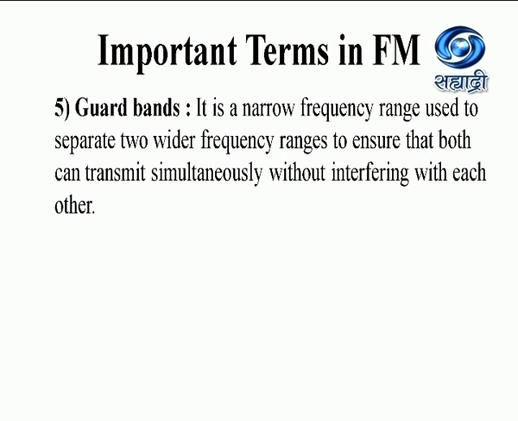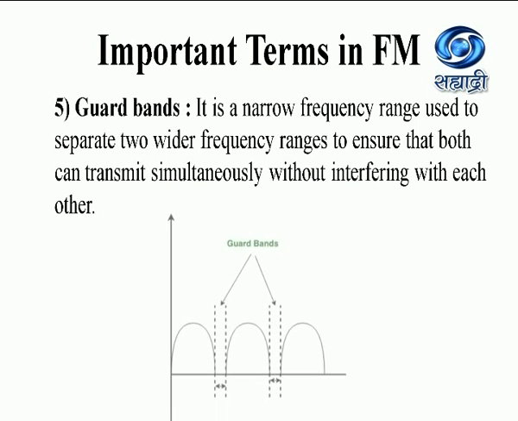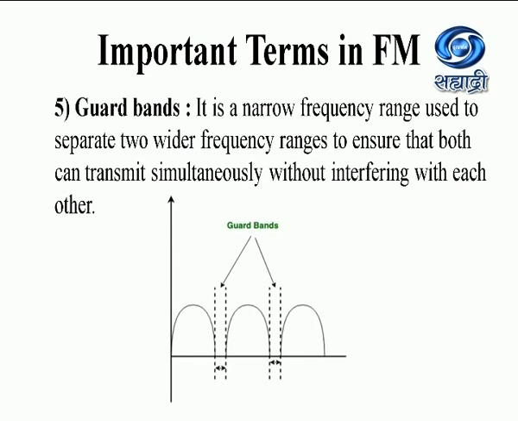Next is guard bands. Why are these guard bands required? It is a narrow frequency range used to separate two wider frequency ranges to ensure that both can transmit simultaneously without interfering with each other. If you observe this diagram, you will understand what we mean by guard bands.